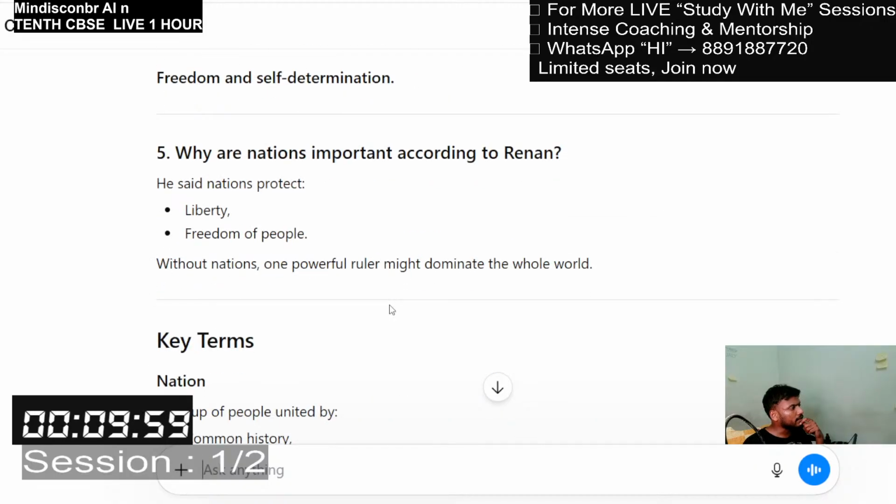Why are nations important according to Renan? He said nations protect liberty, freedom of people. Without nations, one powerful ruler might dominate the whole world.